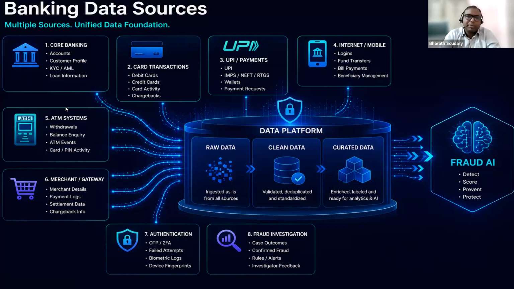When it comes to banking and payment sources, the data comes from the banking activities, card, UPI, mobile banking, and ATM, the merchant gateways, and authentication system. Ingestion: the data enters through two major paths. One is real time streaming, and the other is batch and ELT.